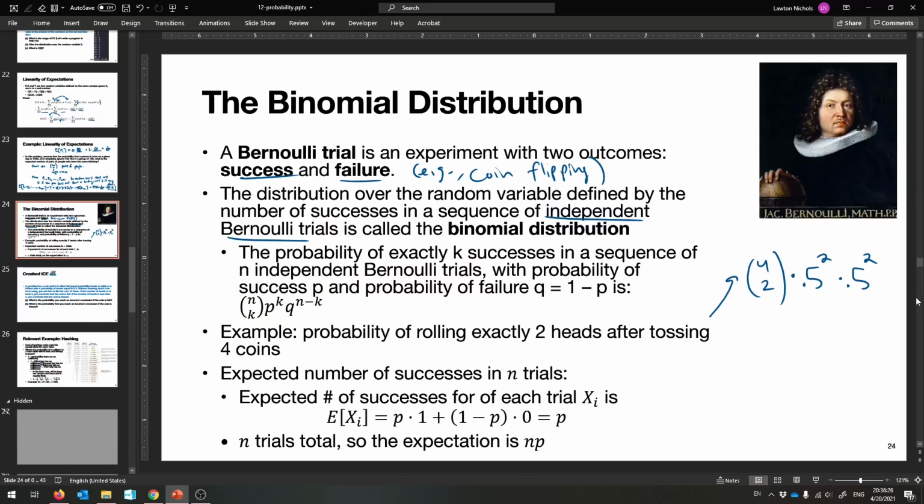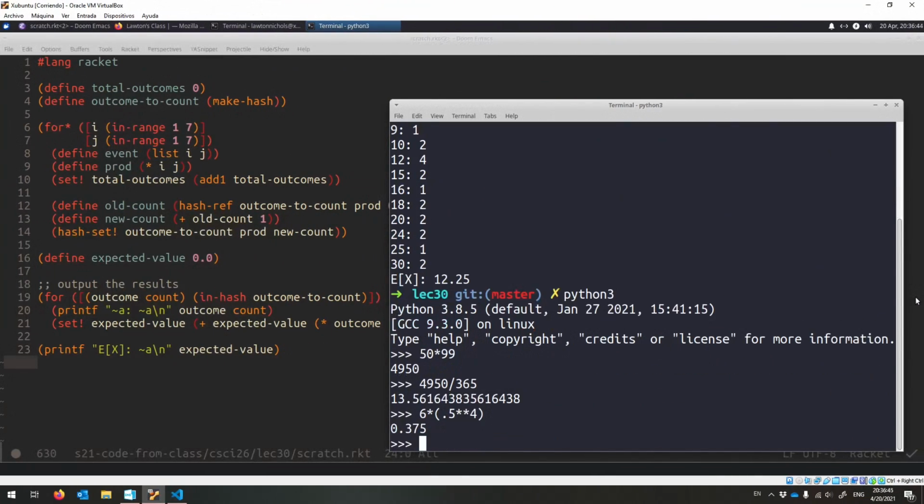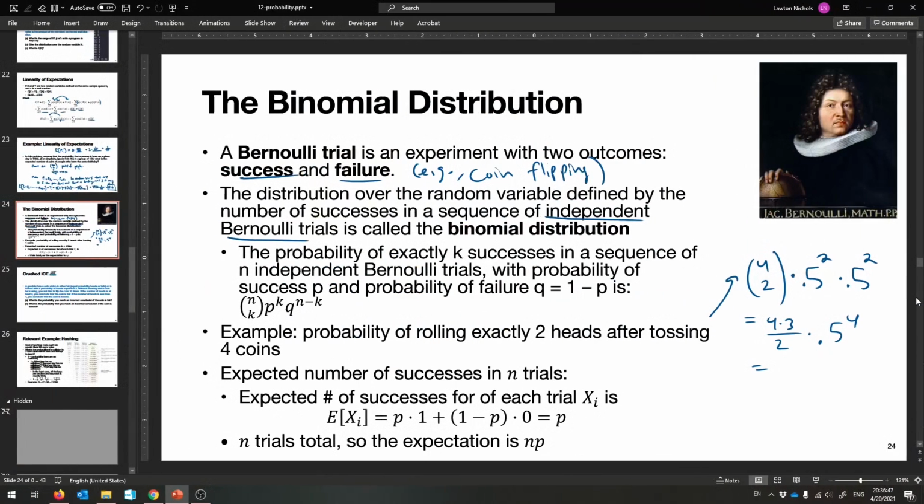So let's figure this out. It's going to be equal to 4 times 3 over 2 factorial, which is just 2, times 0.5 to the 4th power, it seems. So let's figure this out. So that is 6 times 0.5 to the 4, and that's 0.375. So that is the probability of getting exactly 2 heads, which is what you would expect to flip, right?